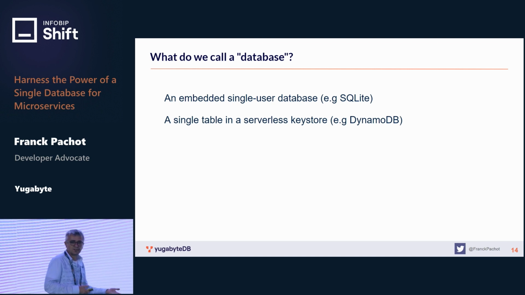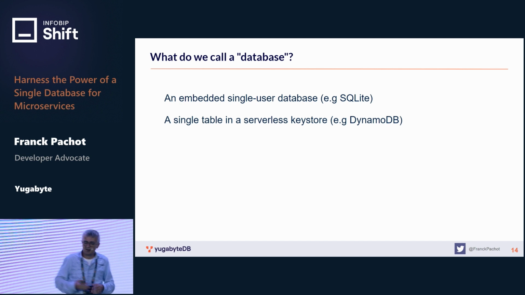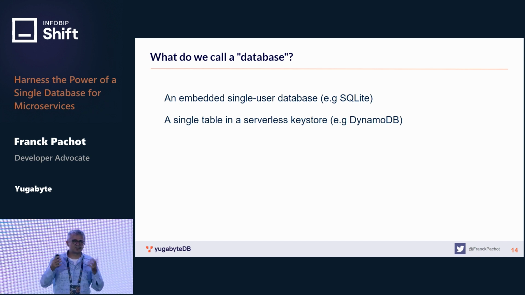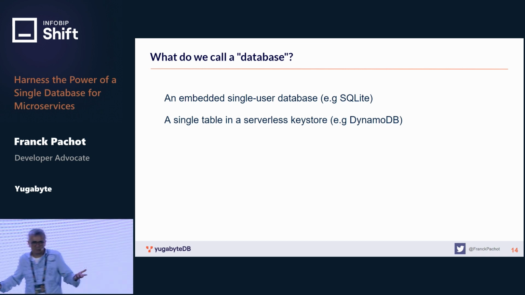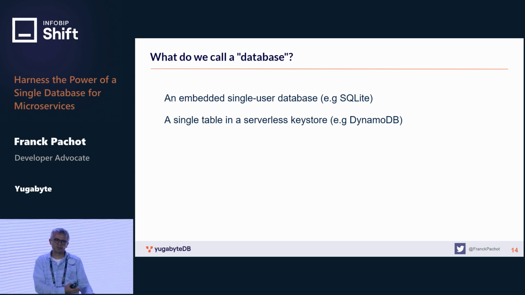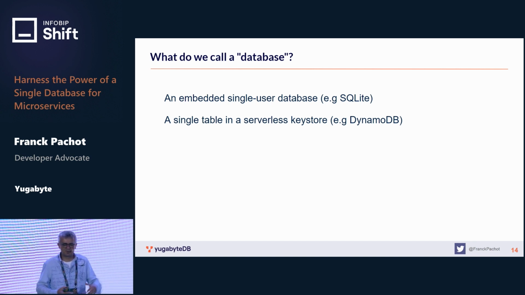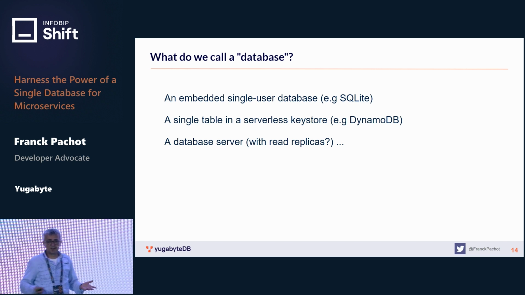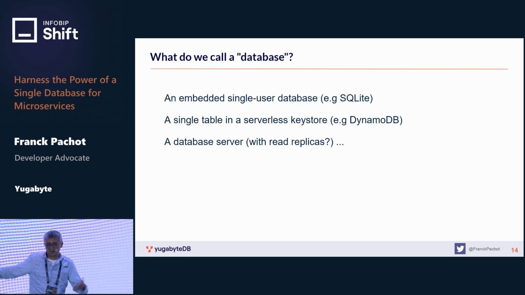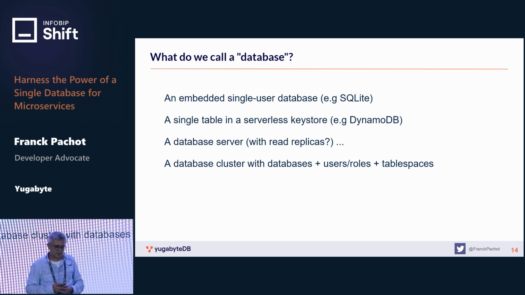If you are using NoSQL, like MongoDB or DynamoDB, there you can call a database a simple table, a key-value store, and that can be your database for your service. Probably your microservices do not need multiple DynamoDB tables. A database server with read replicas can be a database, so you start to have multiple physical servers running it.